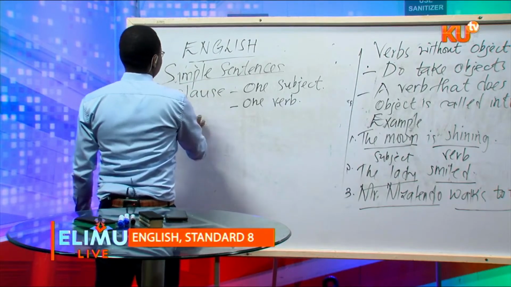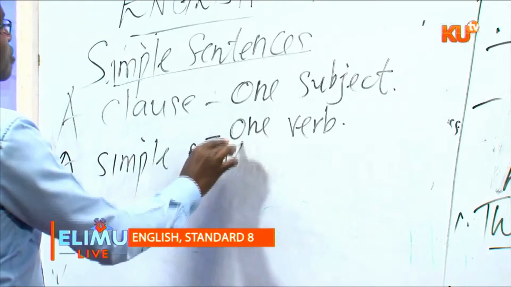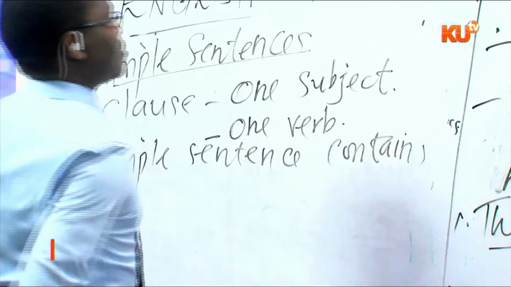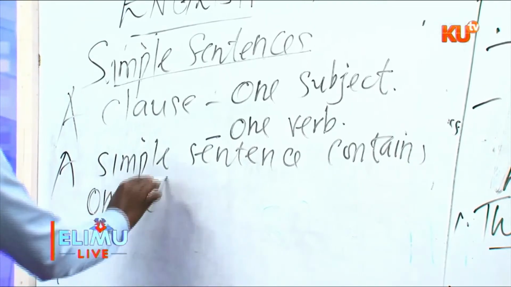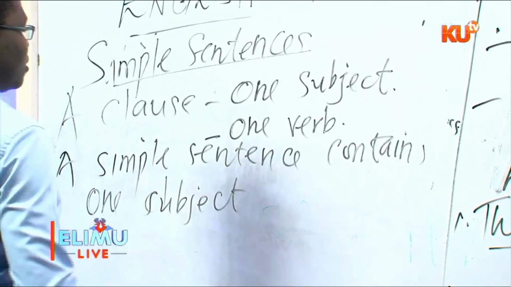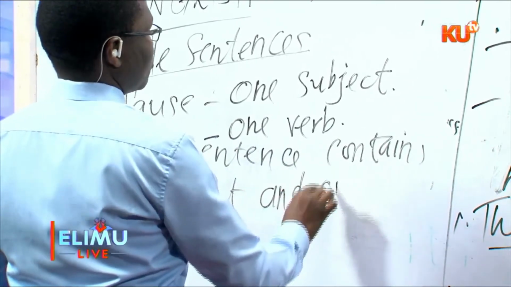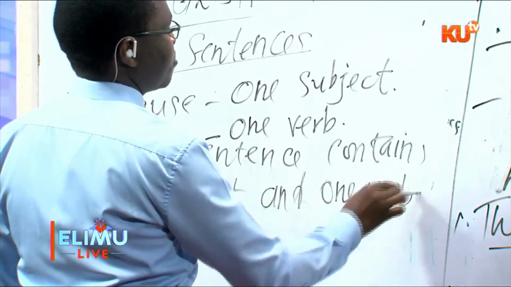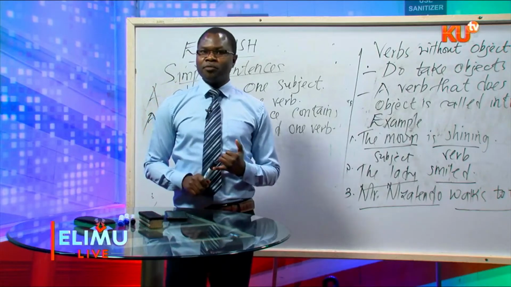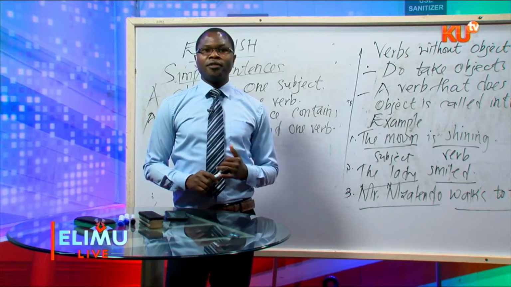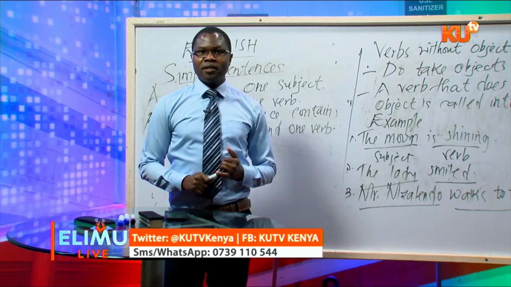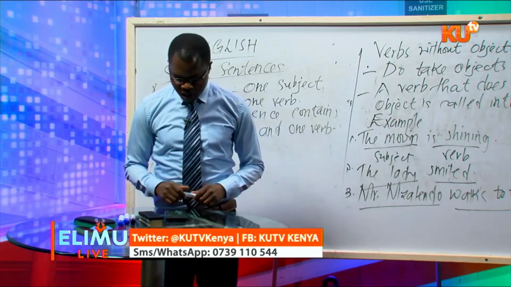So we say a simple sentence contains one subject and one verb. So whenever you construct sentences and you're using a simple subject, which is one, and you're also using a verb, which is one, that sentence is what we call a simple sentence.